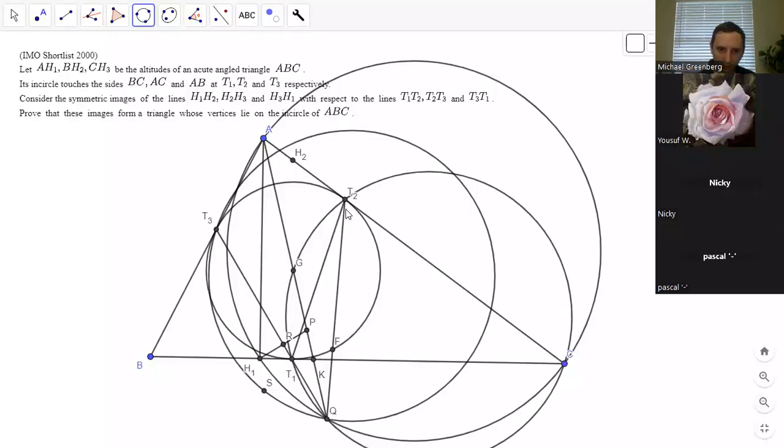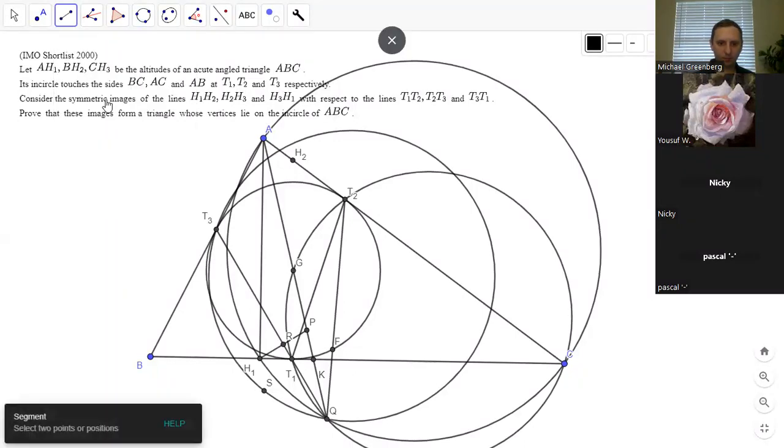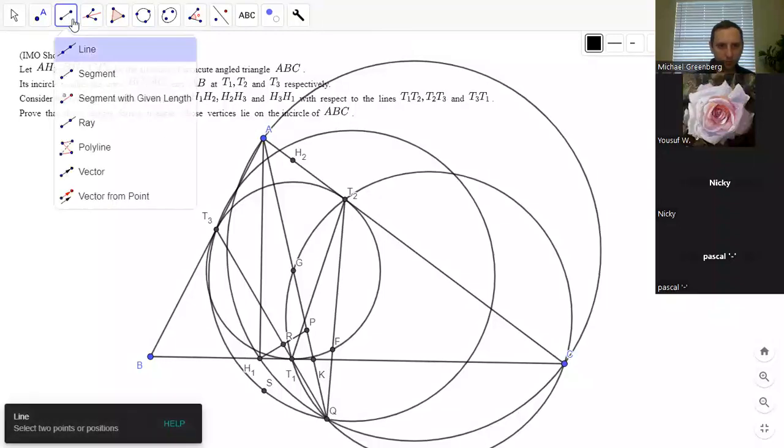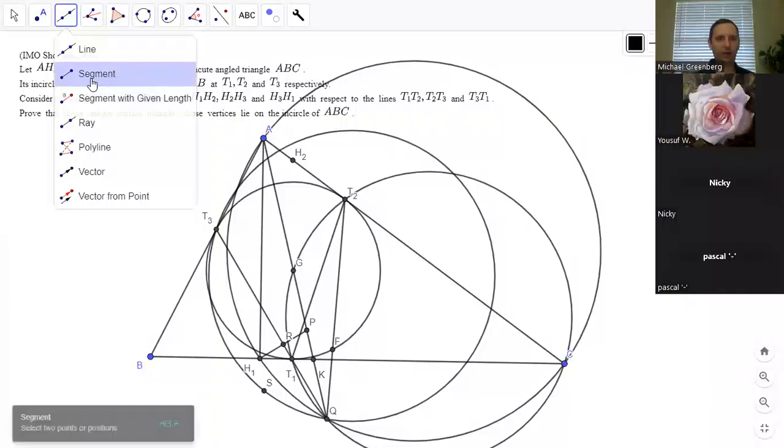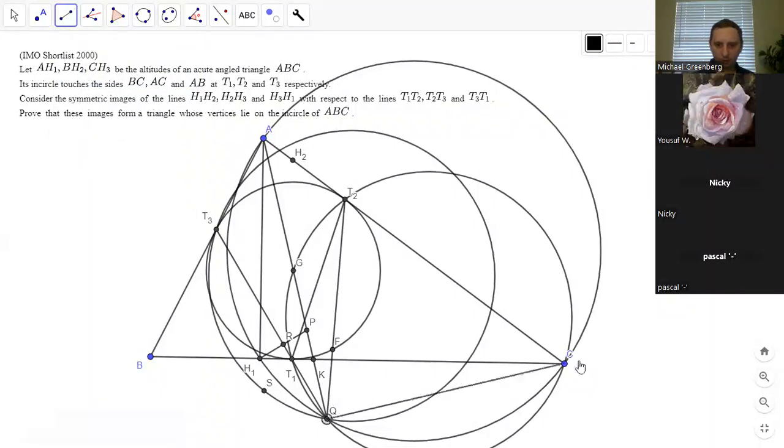We have AQC equal to 90, since that's the diameter, with A and C. And also we have AH1C equal to 90.